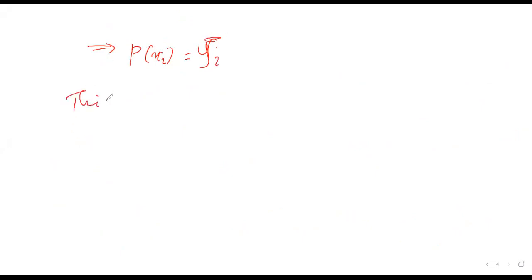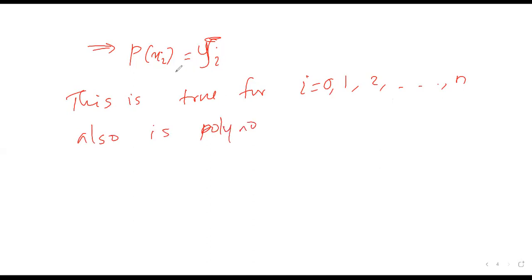This is true for any i, because we are just finding for general terms. Also, P(x) is a polynomial, so this is also a polynomial of degree less than or equal to n. That is also what we have proved.